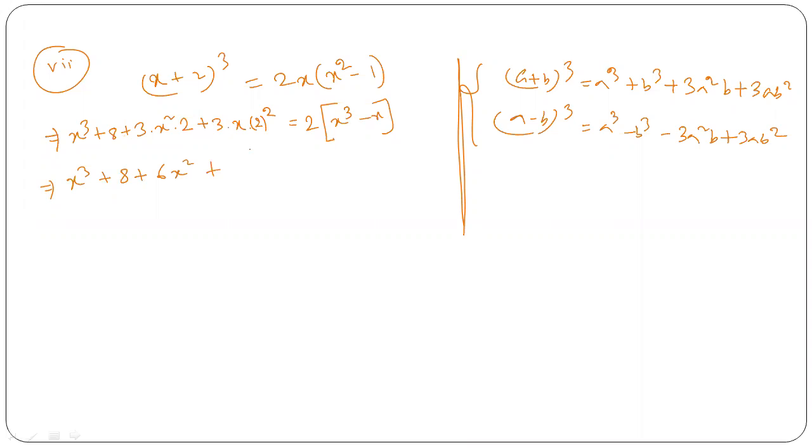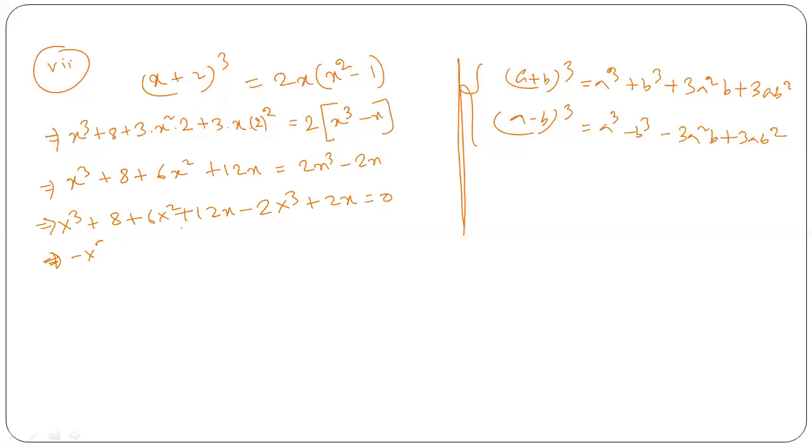3 into 4, so it will be 12x, 2x³ − 2x. Now bring these terms to the left hand side. It will be x³ + 8 + 6x² + 12x − 2x³ + 2x = 0. Now x³ − 2x³, so it will be how much? Minus x³, yes or no?